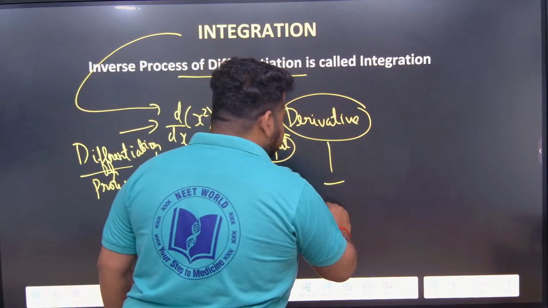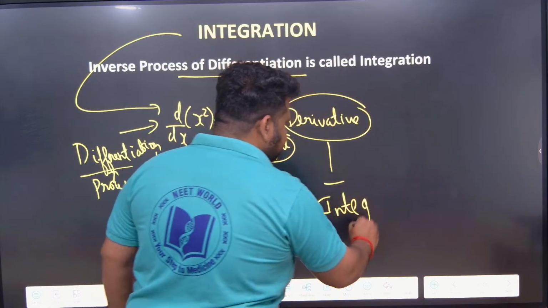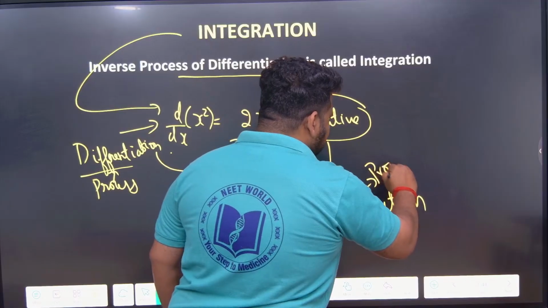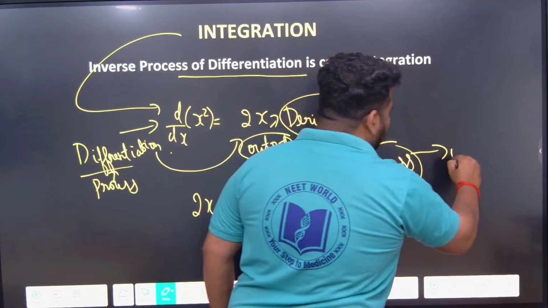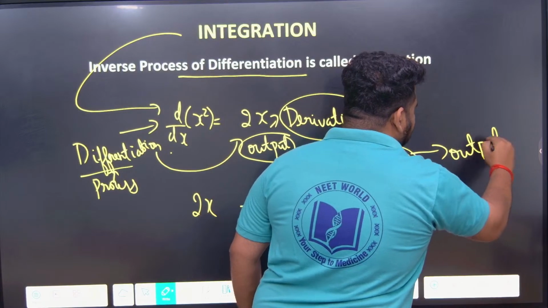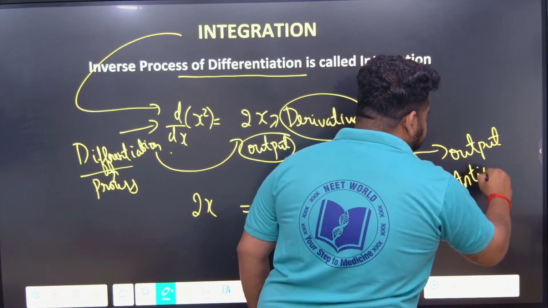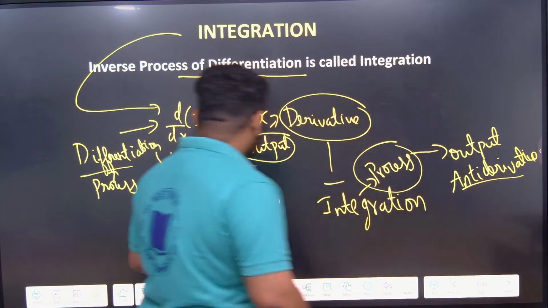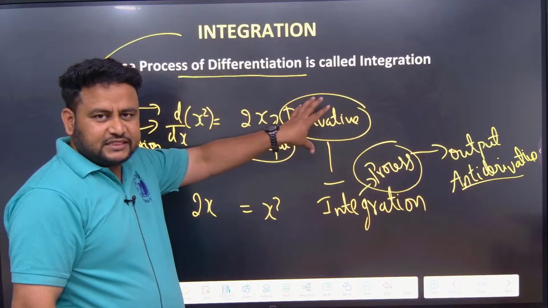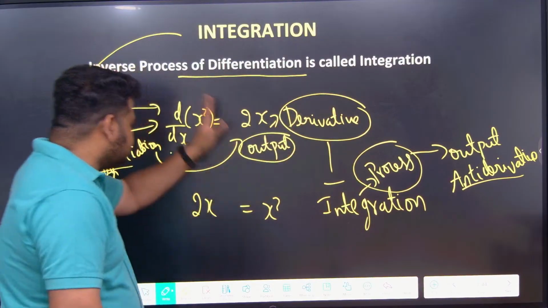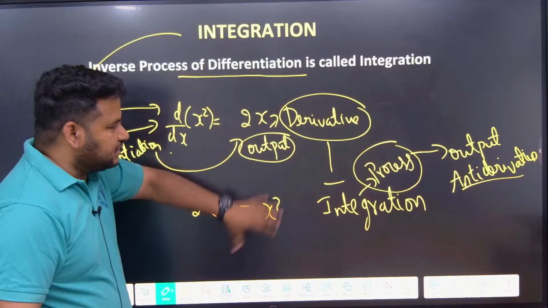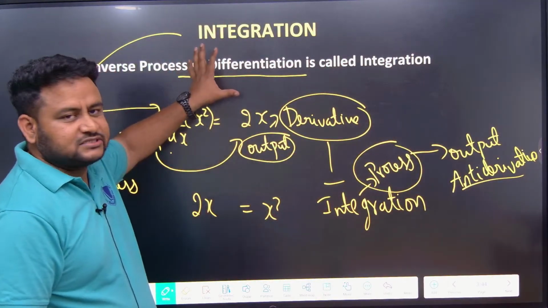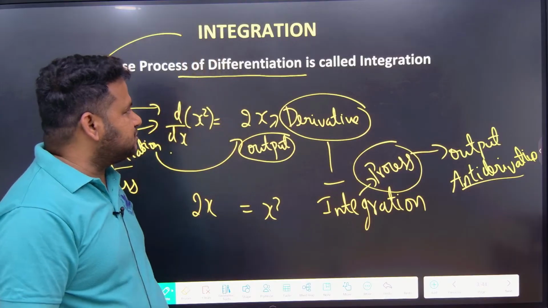Integration is the process, and the output we get out of this process we call the antiderivative. 2x is the derivative; if I integrate 2x, I get back x square. This x square is the antiderivative. That is why integration is called the reverse process of differentiation.